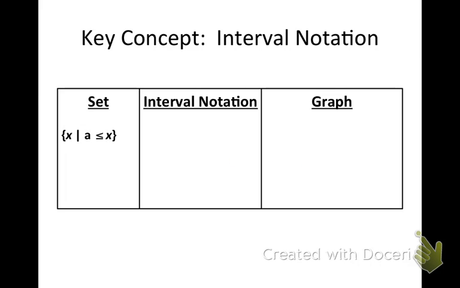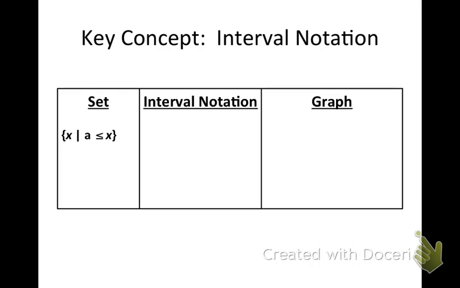Here goes our equals to. I was going to do the same top three and just add an equals to bar. So we have the set of X such that A is less than or equal to X. What's that going to look like as our interval notation? First, are we going to positive infinity or negative infinity? Positive infinity, good.